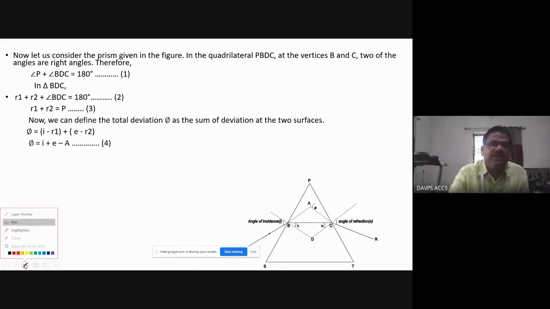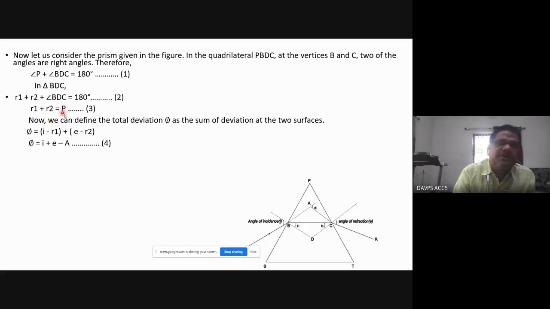Now phi equals I plus E minus A. Because if you open this, it equals I plus E minus the bracket R1 plus R2.